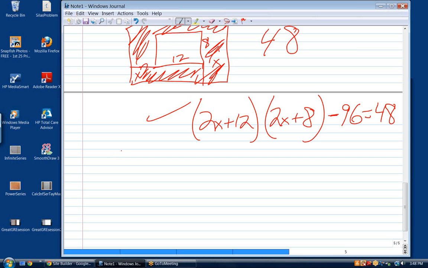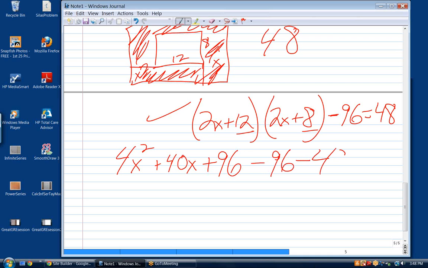Okay. So 4x squared plus 40x plus 16x... plus 96. 12 times 8 is 96. Then minus 96 minus 48 equals 0.